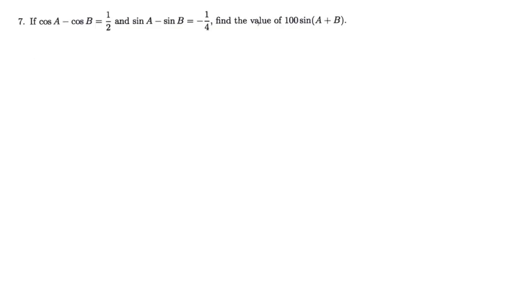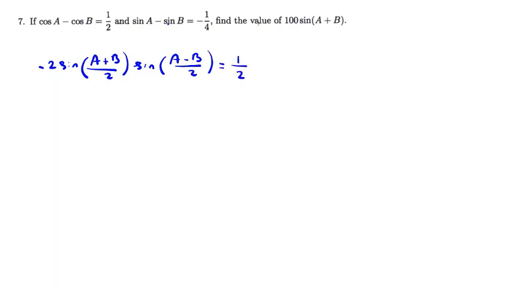Let's write: 2, it will be negative 2 sine (A plus B)/2 sine (A minus B)/2, which equals 1 over 2.